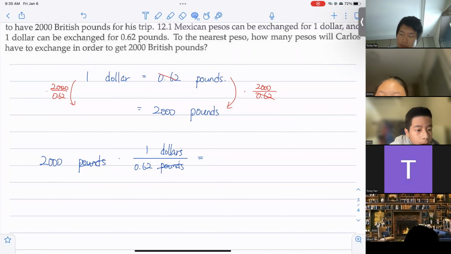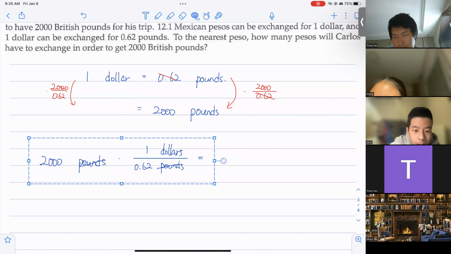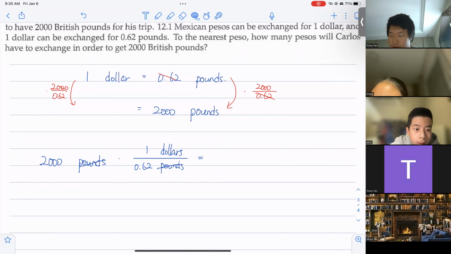I wish you can understand both ways, but at least you have to remember this way, okay? Because this is in math 9, math 8, something like that, okay? You will have to do the same thing in math 8 or 9 when you learn about unit conversion. Okay, this is called conversion factor, okay?